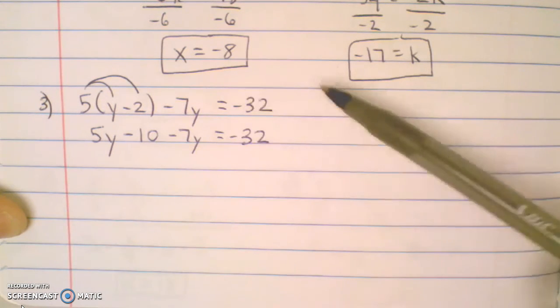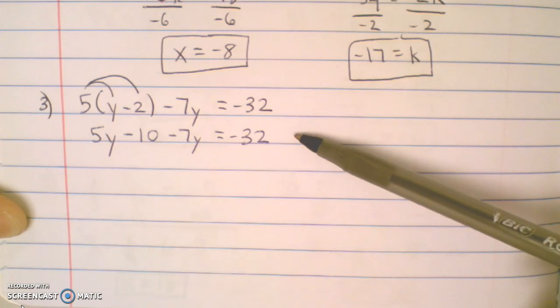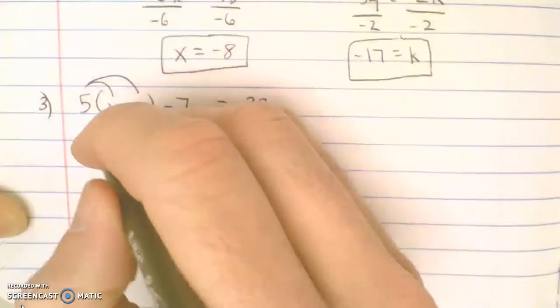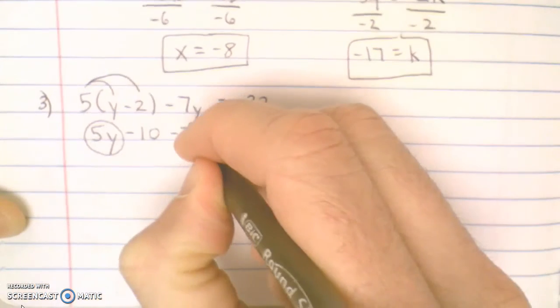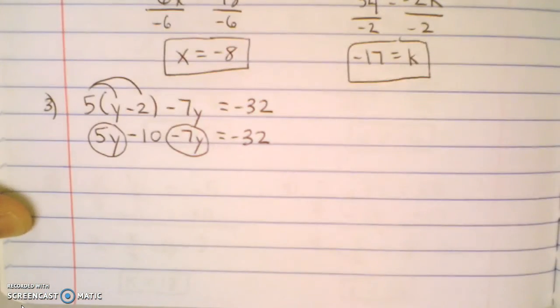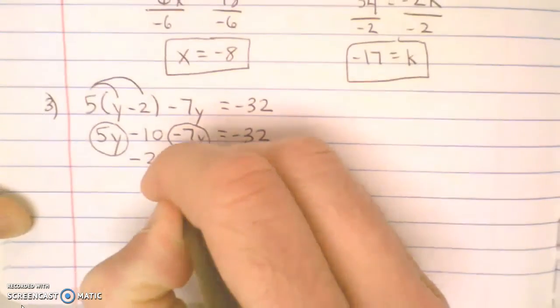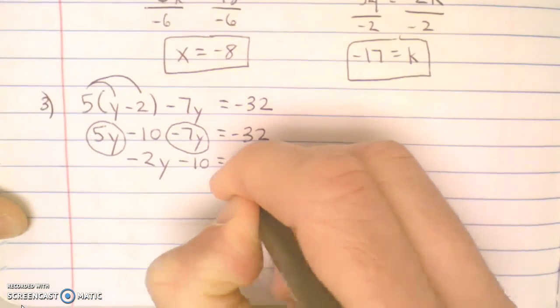So we took care of the distribution. Now we have to take care of combining like terms because there's still like terms that we can combine. So I have this 5y and this minus 7y. So 5 minus 7 is -2y minus 10 equals -32.